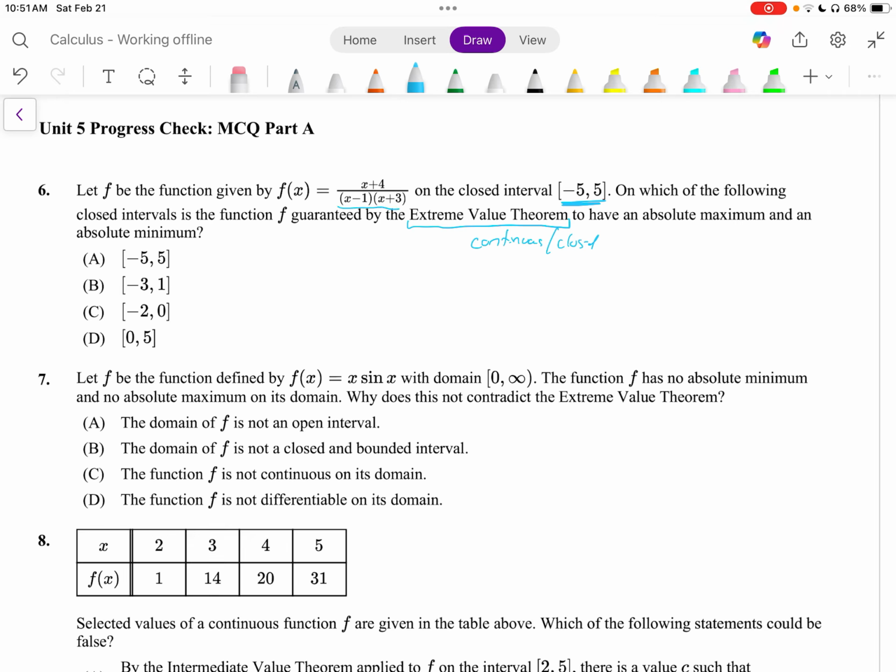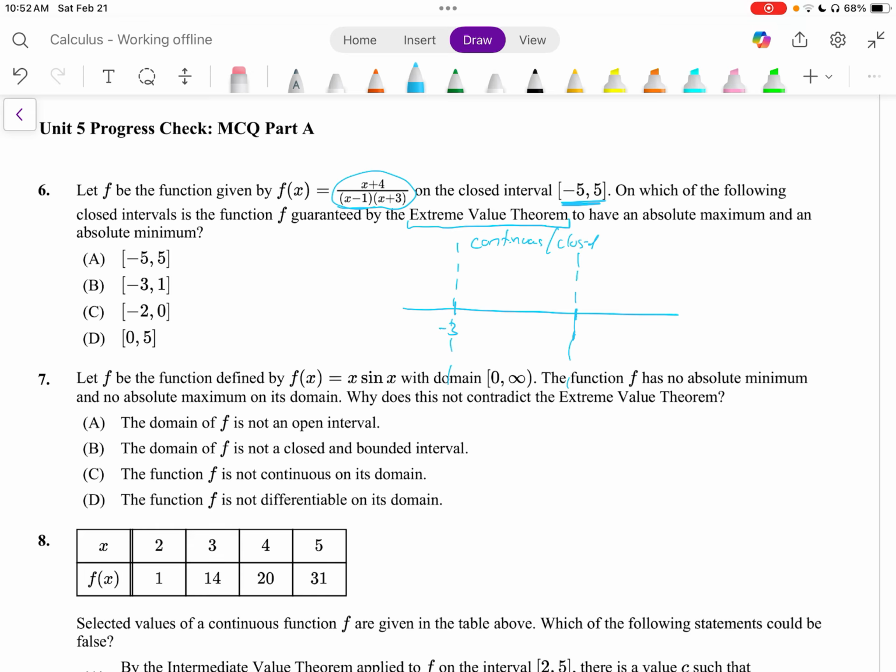So like before, we know this is a rational function. We know that negative 3 and 1 are not part of the domain, so we need closed intervals that won't cross over that.